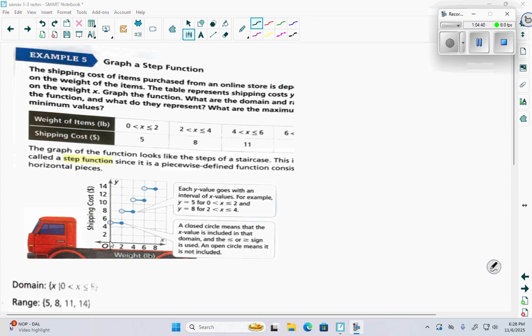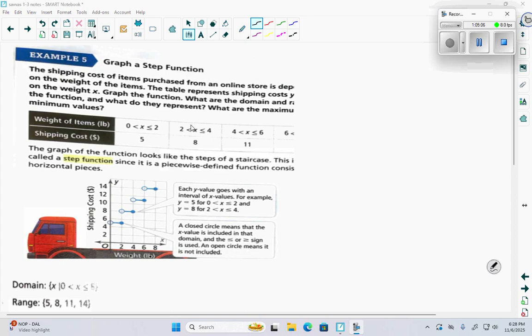Okay, so if we were to draw this, these are the weights, so the weights for the first one, and then shipping would be going up here. So for the first increment, it goes from 0 to 2. So remember, we have open circles and closed circles. And the cost is 5. So it's a straight line. So all of those in between there, so 0, 1, and 2, would cost $5.